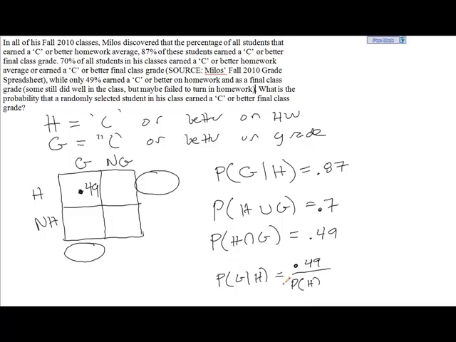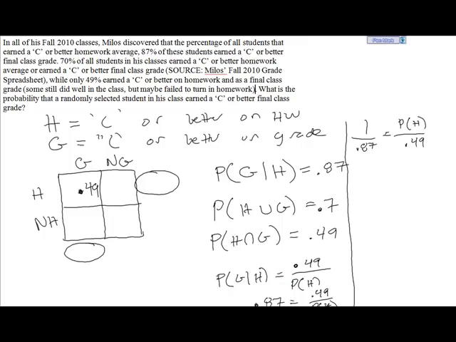We have 2 variables here still, but notice that we know the probability of G given H. That's actually 0.87. So we have 0.87 equals 0.49 divided by the probability of H, which means that 1 over 0.87 equals the probability of H over 0.49.